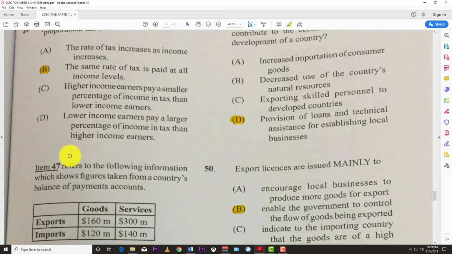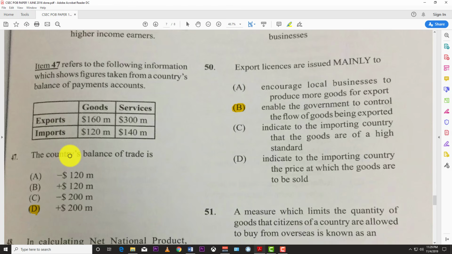So 47 refers to this table here. Okay, so you have a table with exports and imports, goods and services, and you have to calculate the balance of trade. The best answer here is D, which is positive 200 million. How do we get that? The balance of trade includes both goods and services, exports and imports, the difference between those two.